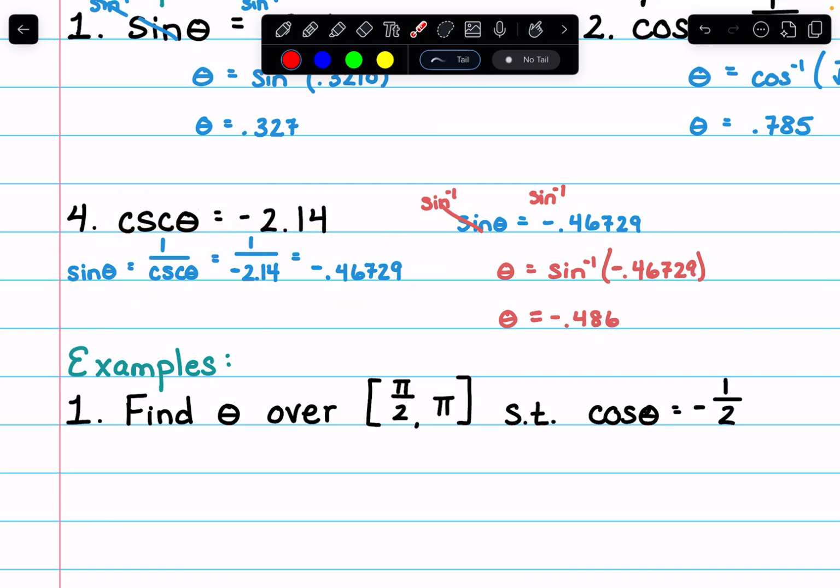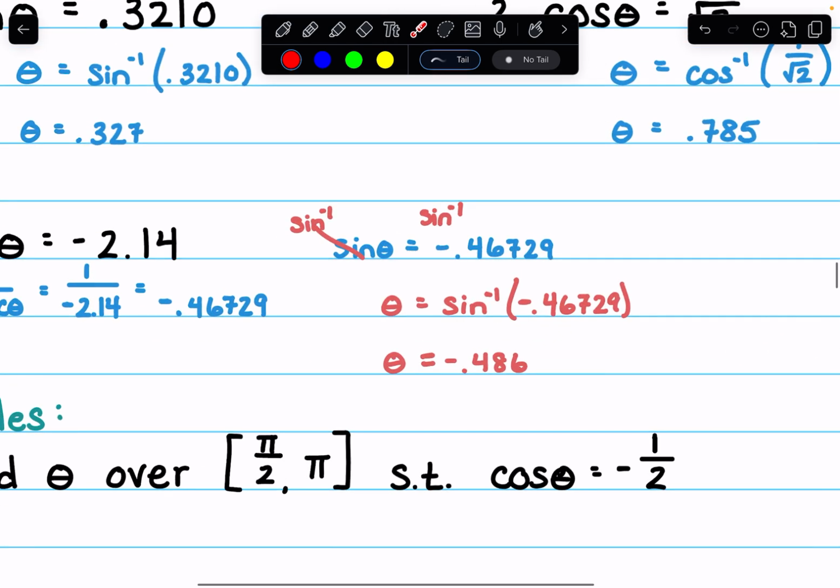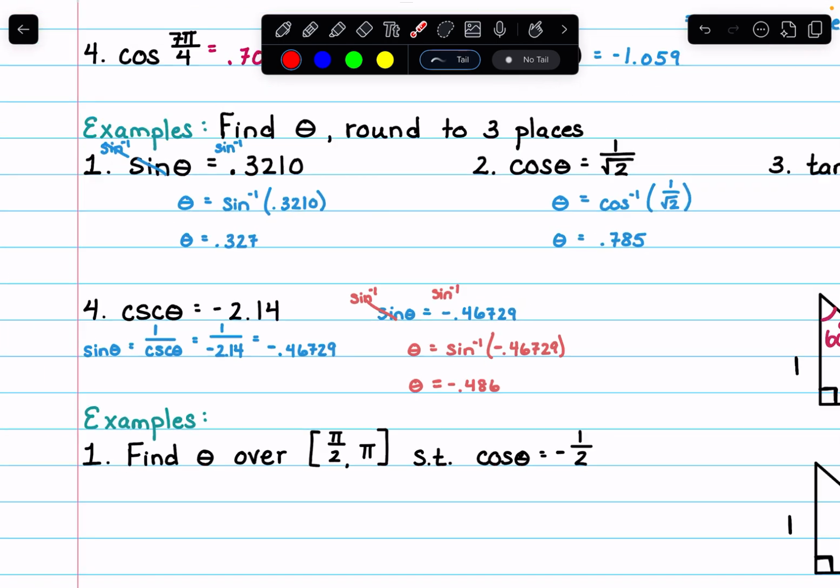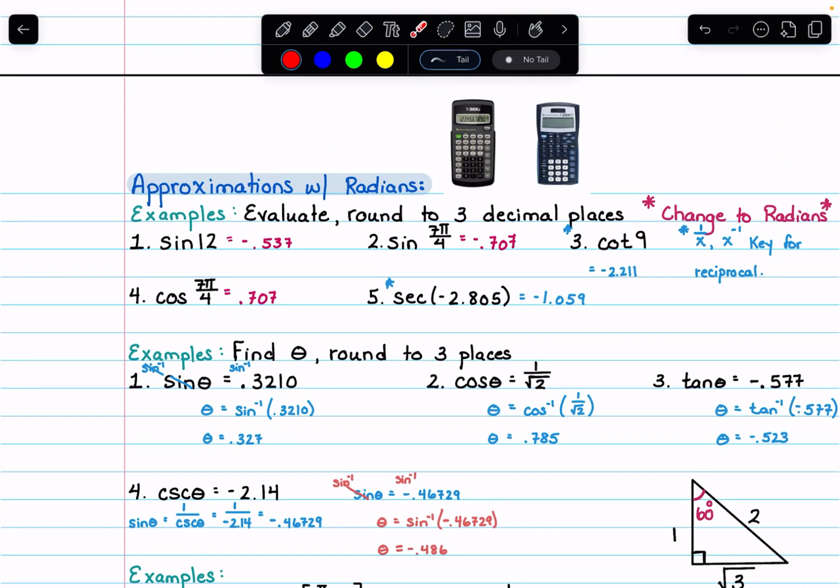I don't have a cosecant button, but I know that sine, which is the reciprocal of cosecant, is 1 over cosecant, and I do know what cosecant theta equals. It equals -2.14, right? So I did 1 divided by that, and then now I have sine theta equals something, and I can use this, okay? That's exactly what we did for degrees. The only difference in any of this stuff right here is what mode I was in. Okay, all of the process is the same, okay?